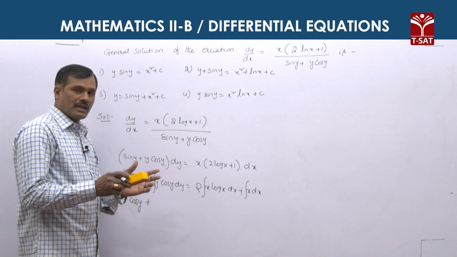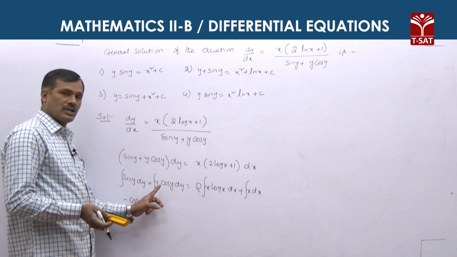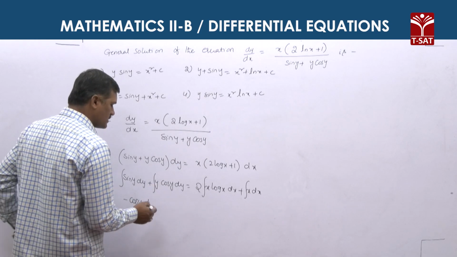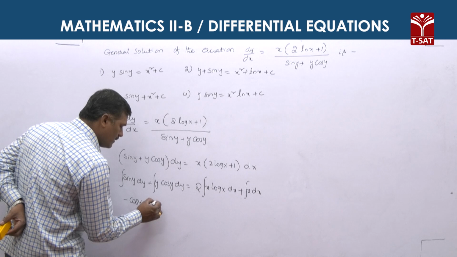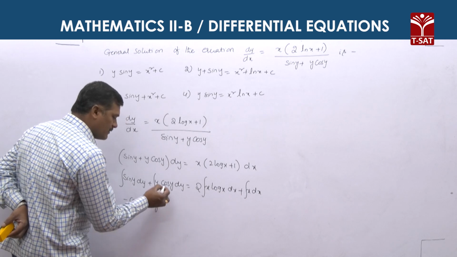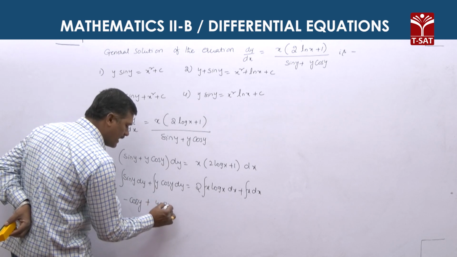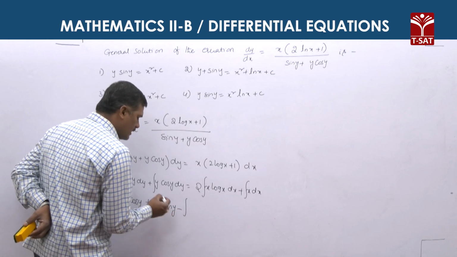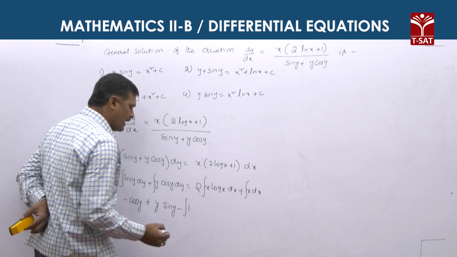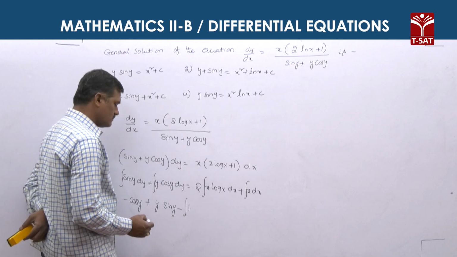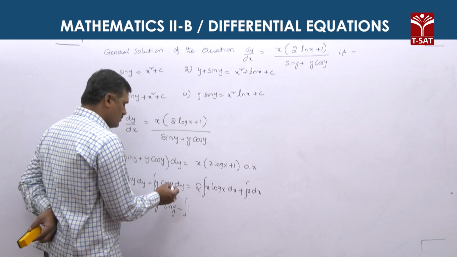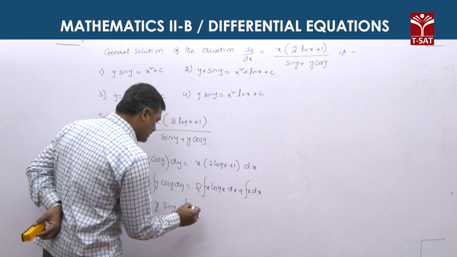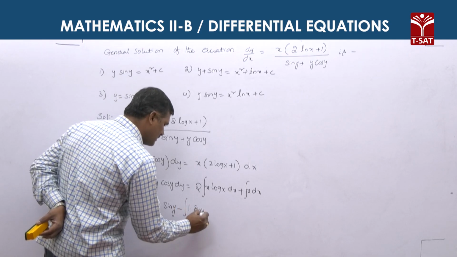A means algebraic, T means trigonometric. So the algebraic function is the first function and the trigonometric function is the second function. First function into integral of second function, cos y integration is sin y, minus integral of derivative of first function, y derivative is 1, into integral of second function, cos y integration sin y, into dy.